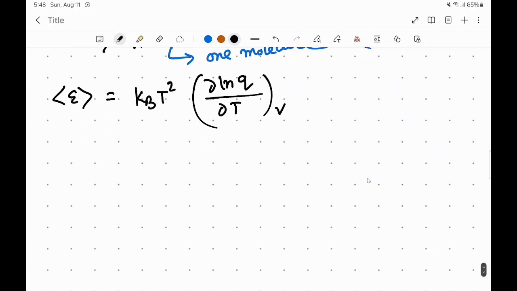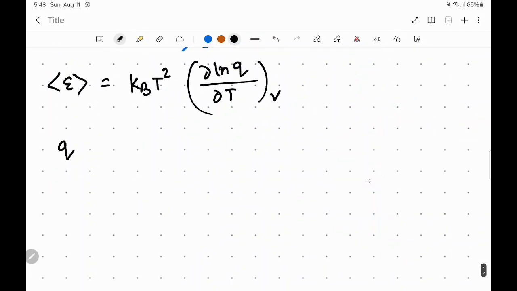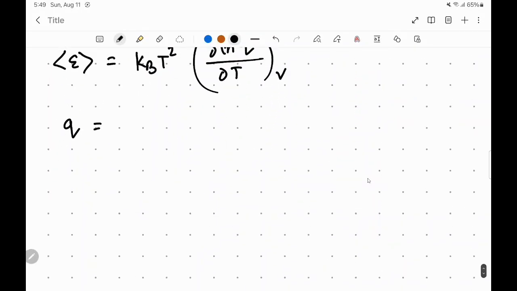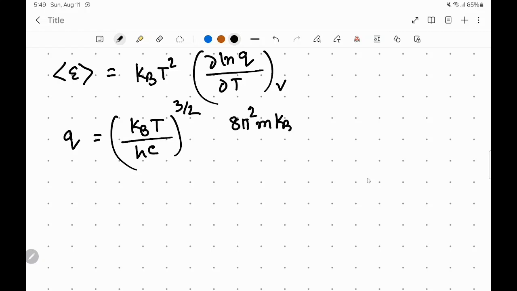Now you know q. q is given as (k_B T divided by hc) to the power 3 by 2 and (8 pi squared m k_B T by h squared) to the power 3 by 2.